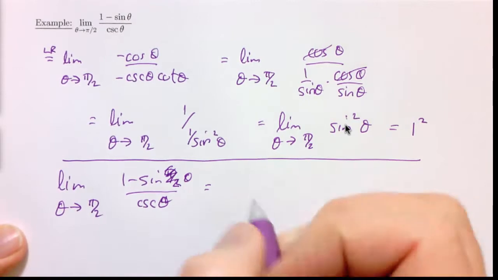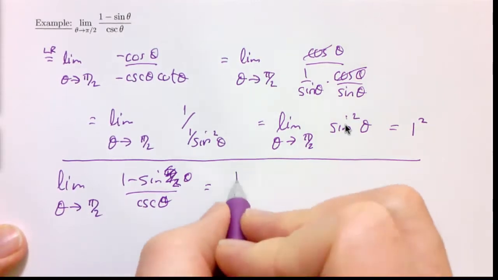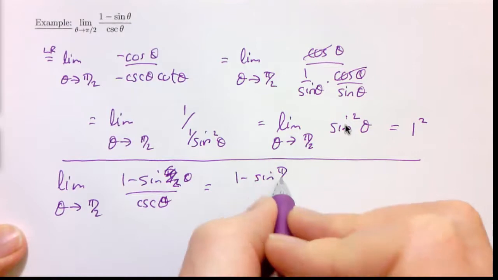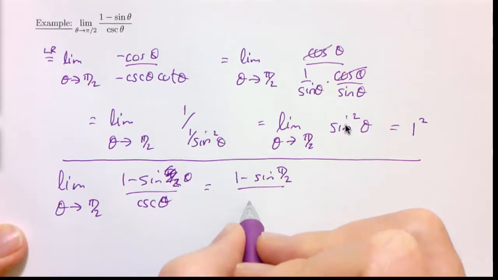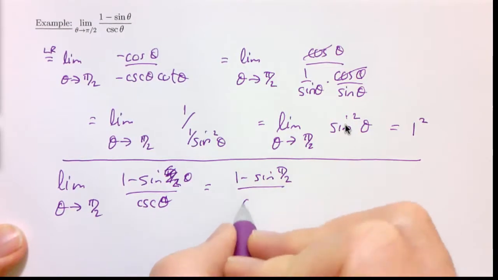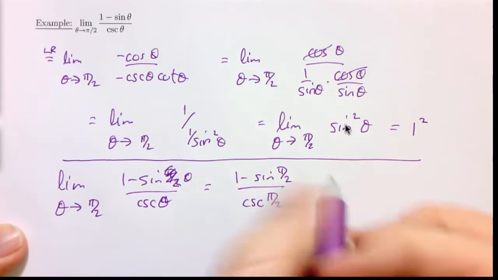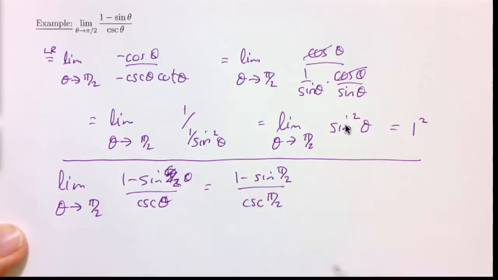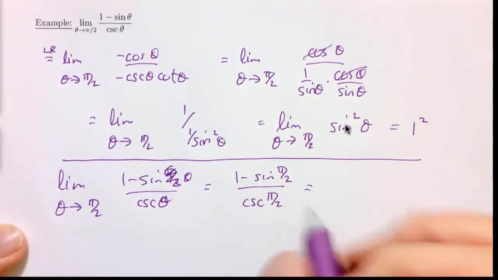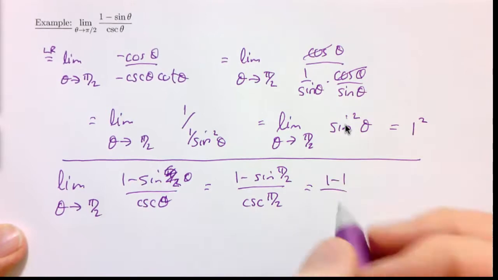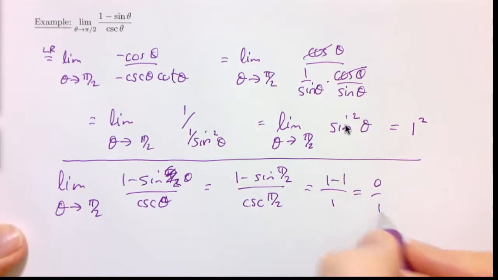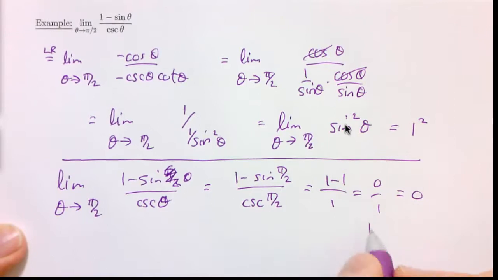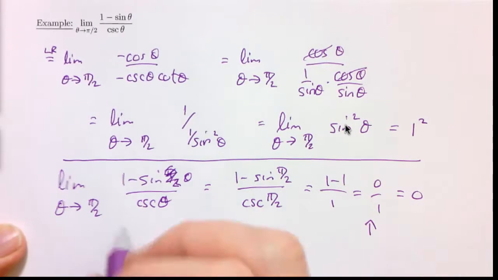If I plug in pi over 2, I get 1 minus sine pi over 2. That's a little bit of a problem, but not really. I'd have 0 up here because cosine pi over 2 is 0. But I have 1 downstairs. So this is 0 over 1, or 0. This was never an indeterminate form.